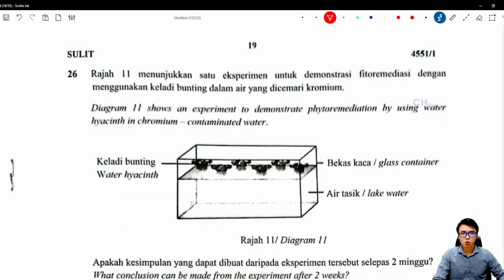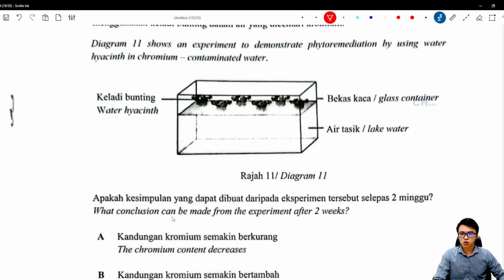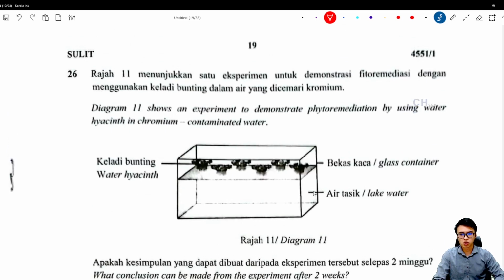Continue with the water hyacinth. What conclusion can be made by the experiment? We put the water hyacinth in the lake water. You need to understand one of the functions of the water hyacinth: they can remove or absorb heavy metals.